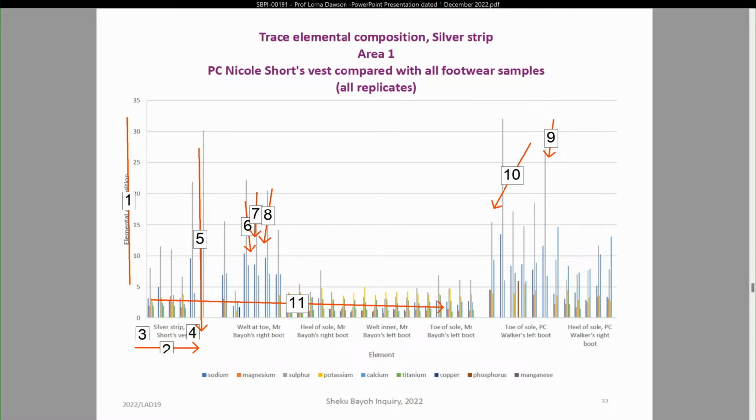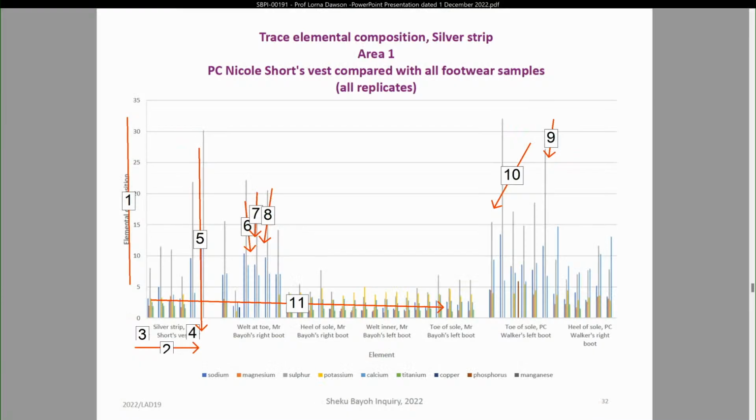So should we understand then that replicates 1 to 4, which you've compared to the heel of the sole of Mr. Bayo's right boot and both samples from his left boots, not only have a similar elemental compositional profile, but they were also visually similar when looked at under the microscope? That's correct. Whereas replicates 5 and 6 from Area 1 on the vest, although they appear to bear some similarities to the sample from the toe of the sole of Constable Walker's left boot, they were distinguishable visually when you looked at the samples under the microscope.